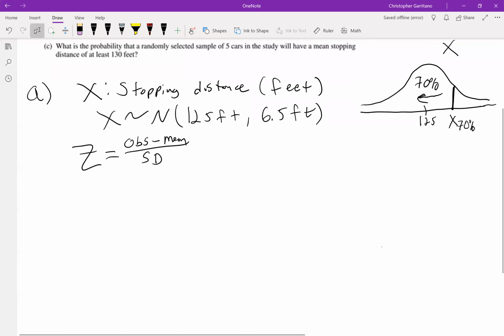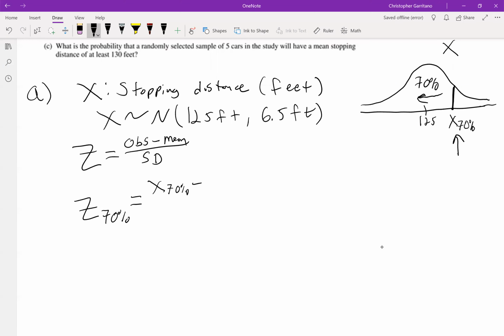So the equation that you'd set up is to find this, you'd say Z of 70%, because in order to obtain this value here, we need the Z-score of the 70th percentile. And that's going to equal X of 70% minus mean, which is 125, over standard deviation, which is 6.5.